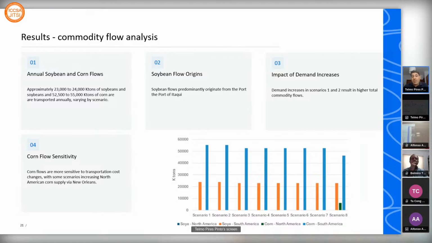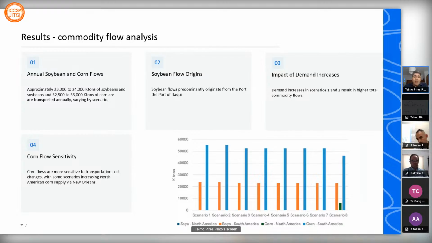The soybean flows mainly originate from the port of Itaqui, which is a significant hub for soybean transportation. And corn flows, on the other hand, are more sensitive to changes in the transportation costs.